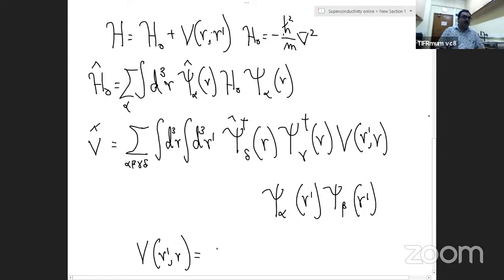So this quantity, let me write it as V rho, where rho is R1 minus R2, or rather, let me put V dash rho.